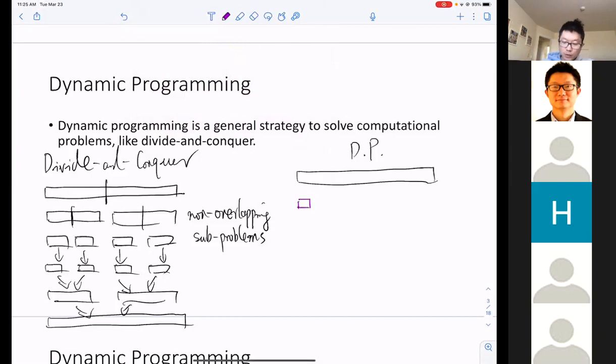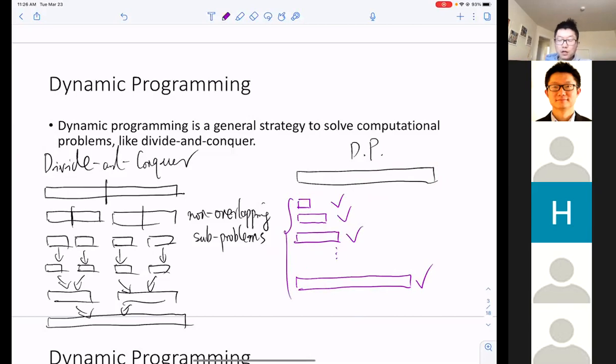We divide it into the one that only covers the first element of the input, and then another sub-problem of size 2, and then a sub-problem of size 3, etc., etc. So basically, we're going to divide this big problem into multiple sub-problems, and we will need to solve each of them.